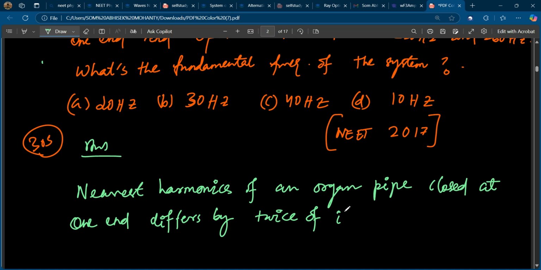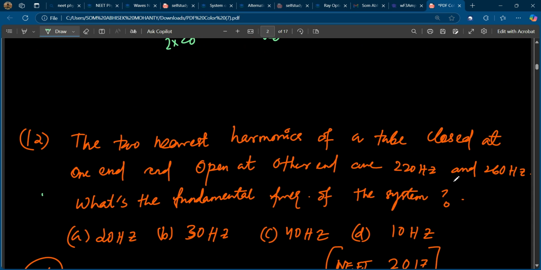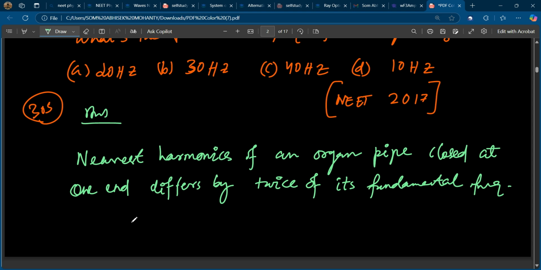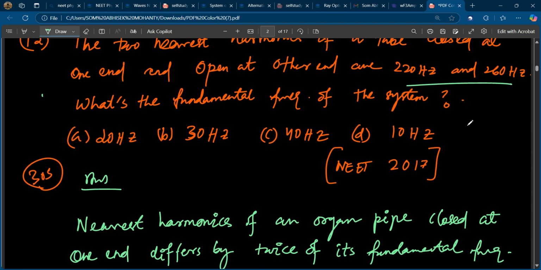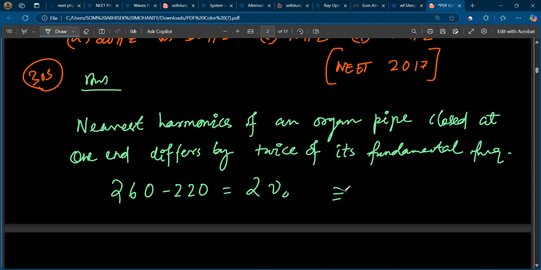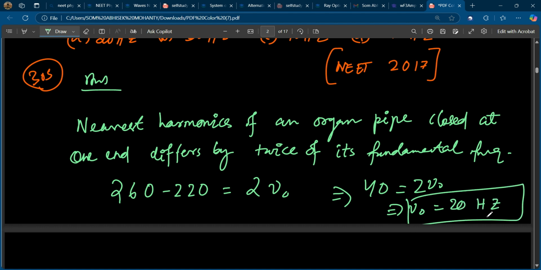This is a very important concept, that's why I wrote it. Right, so the difference will be twice of the fundamental frequency. So difference is how much? 260 minus 220, that is 40. So 40 is equal to 2 nu naught, so nu naught will be 20. Very simple again. Just small tricks to understand these questions.